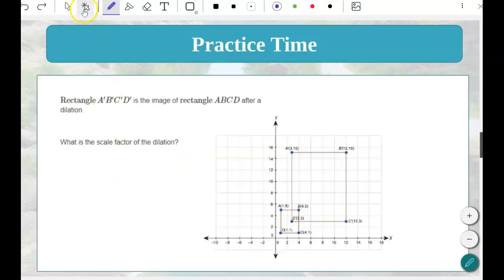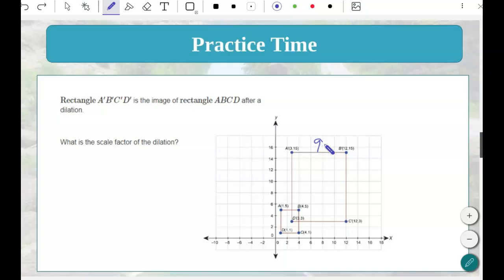All right, let's look at this one. So we have triangle ABCD is our original one, and the new one is smaller, so that tells us the scale factor will be less than 1. Now here you got to be careful. This starts at 3 and it goes to 12, so that length is 9. So we're going to put 9 here.